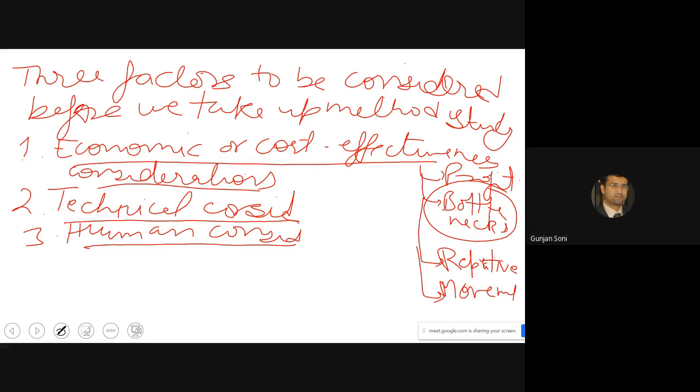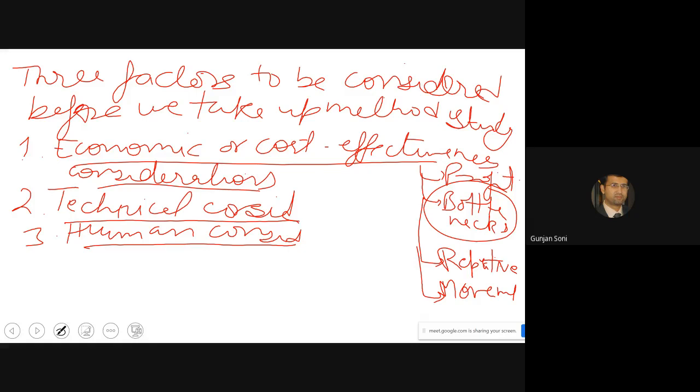Then we have the third one, which is human considerations. Actually, there are certain operations which cause a lot of dissatisfaction among workers. They can induce fatigue, they can cause monotony, or maybe even safety issues. Now you can recall again that video of Charlie Chaplin which I have shown earlier. You remember that Charlie Chaplin was so bored with that work, and he just became a mechanical robot, that he was even fatigued.